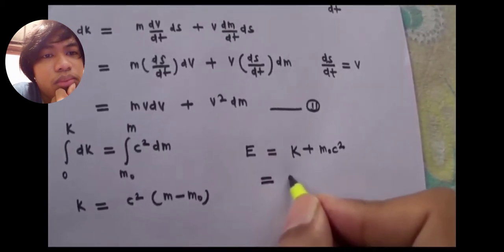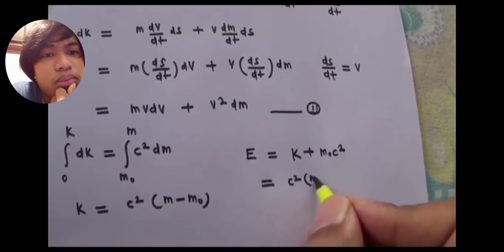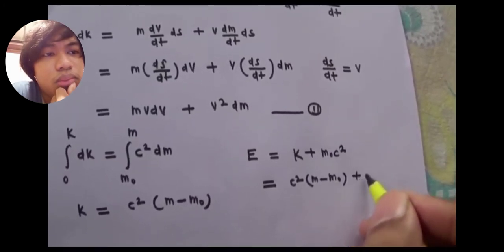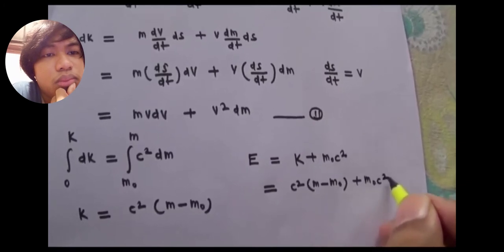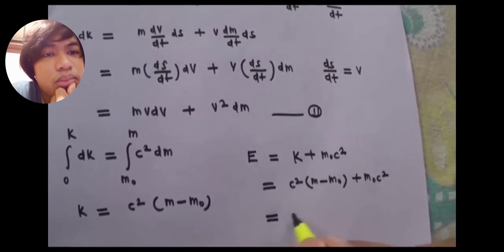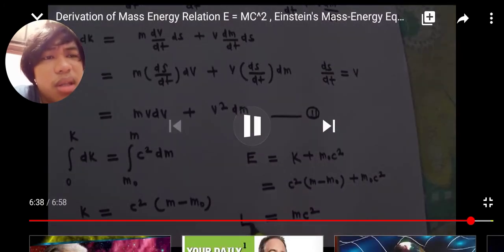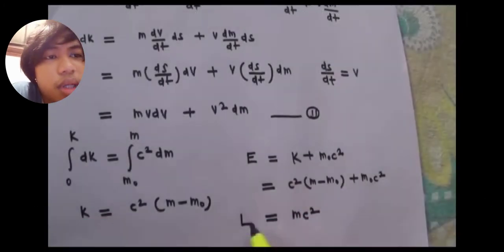Therefore, c square (m minus m0) plus m0 c square, which is equal to mc square. E equals K plus m0 c squared. Total energy is the kinetic energy in motion plus the rest energy.